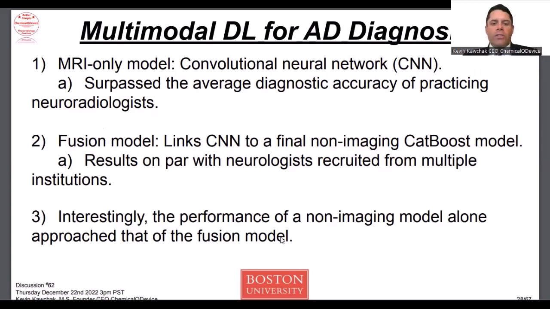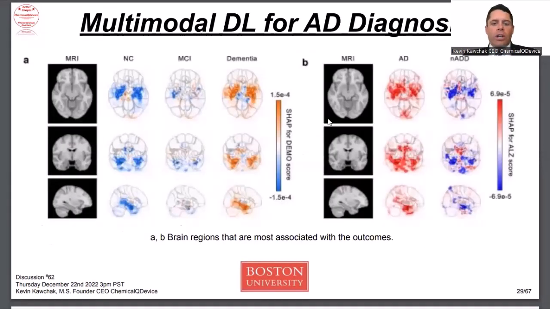So they said in one of these, the performance of the non-imaging model alone approached that of the fusion level. So a lot of these tests that they do for potential seniors that have mild cognitive impairment or Alzheimer's disease are standardized quite well, and there's a battery of tests that they go through. So here's some of it.